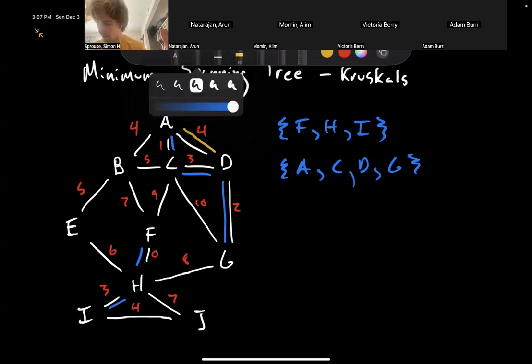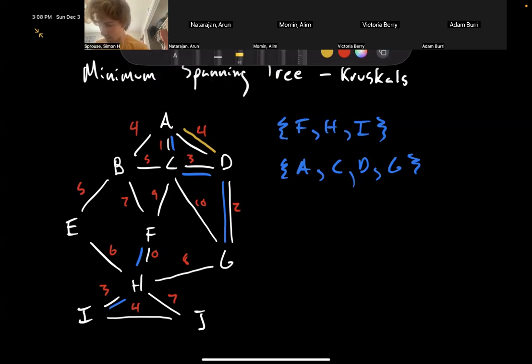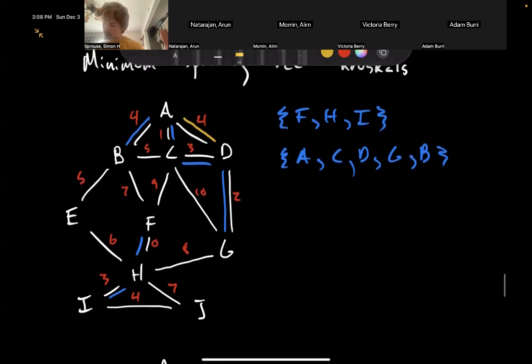The next edge we're going to look at turns out to be useful because it's connecting this set to this, as of now, unused part of the tree. So we're adding B to this set, like so. And let's see, the next edge, that was all the 4s. So we've got a 5 here from E to B. So let's just go ahead and add E to this set.